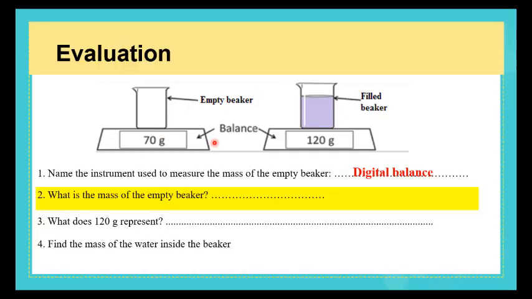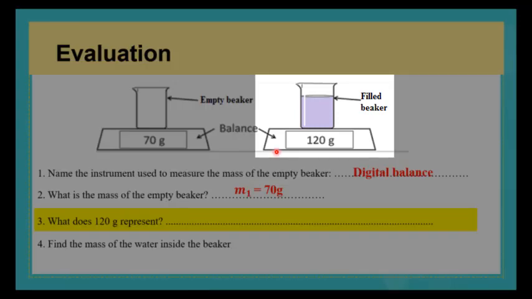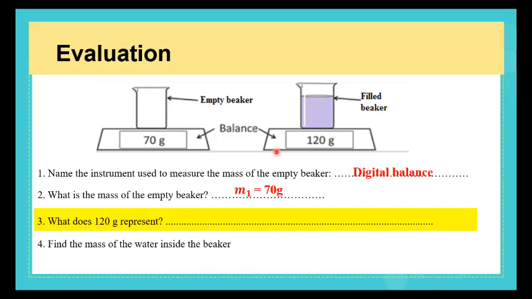Then the mass of the empty beaker is 70 gram. Number 3. What does 120 grams represent? This balance is measuring a beaker filled with water. So, 120 grams represents the mass of the empty beaker and the mass of the water.